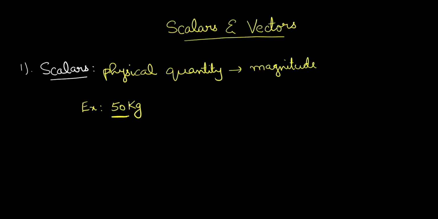For scalars, we have two parameters to express a scalar quantity. What are the two parameters? One is the unit in which the quantity is being measured. Unit is the first parameter, and the second parameter is the numerical value.